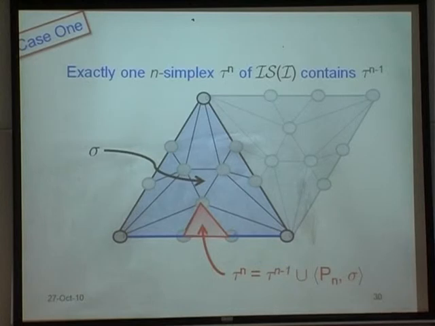And the only possible simplex that could be is sigma, because that's the only one that contains this. So that says that if sigma sub n minus 1 is a boundary, then when we extend it to an n simplex in the protocol complex, it remains a boundary. So boundaries go to boundaries.